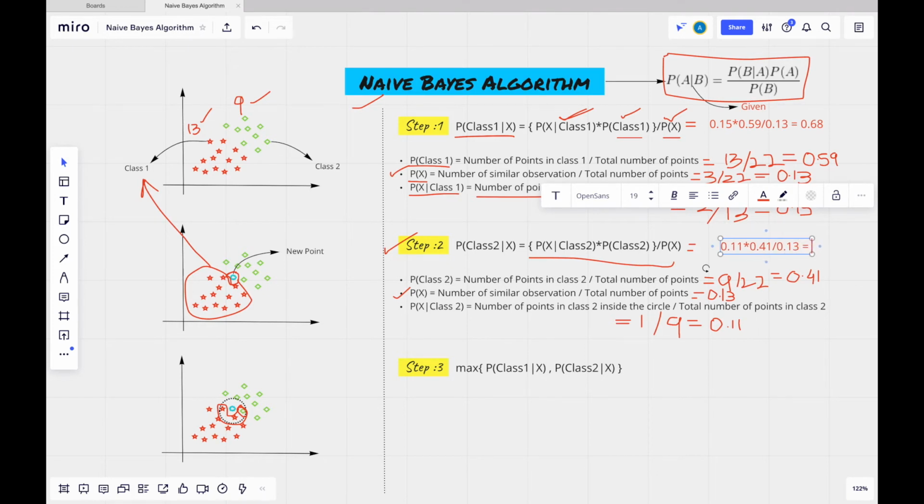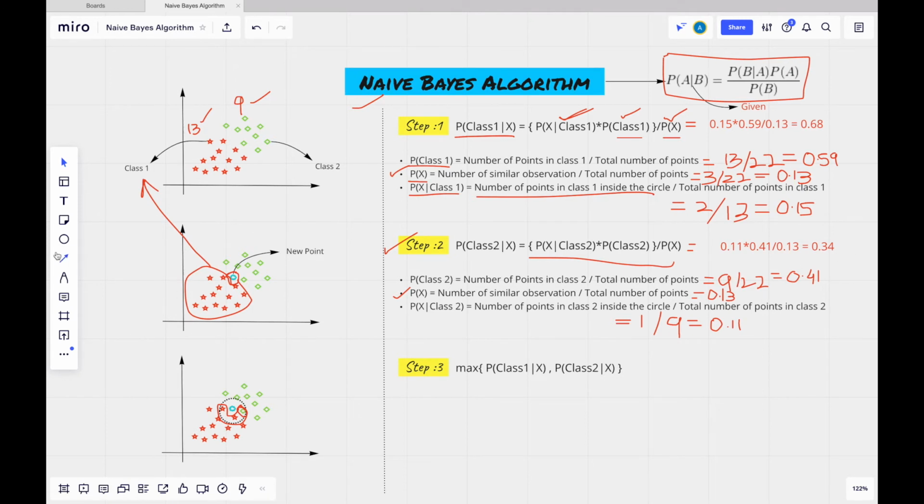So this will be equal to 0.11 times 0.41 upon 0.13, which is approximately 0.34. So the probability of this point being class 2 is 0.34.